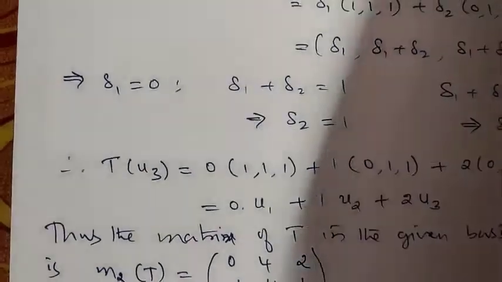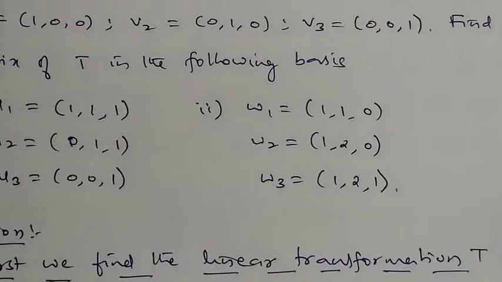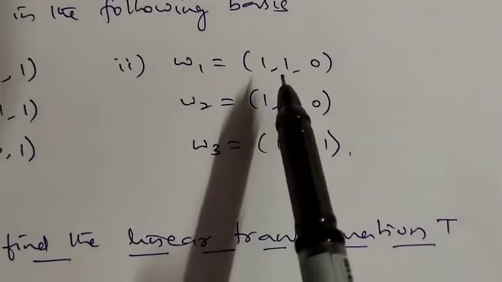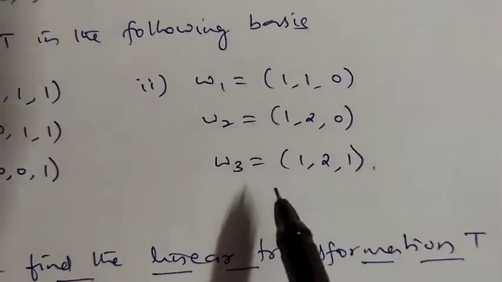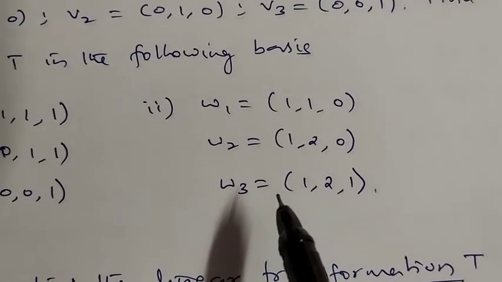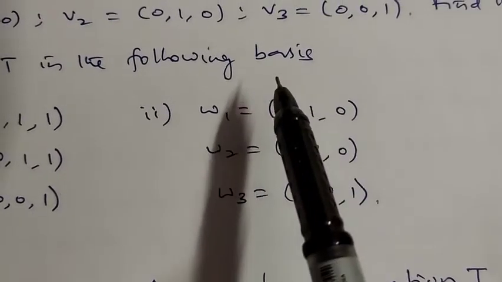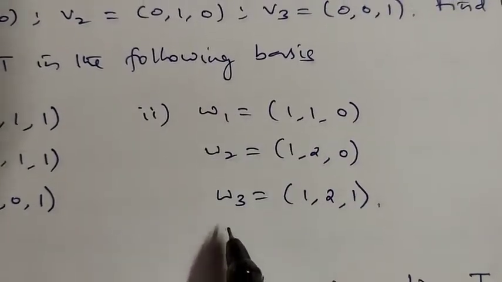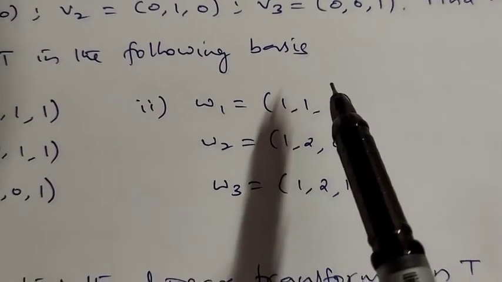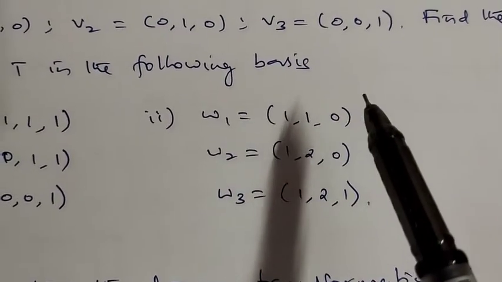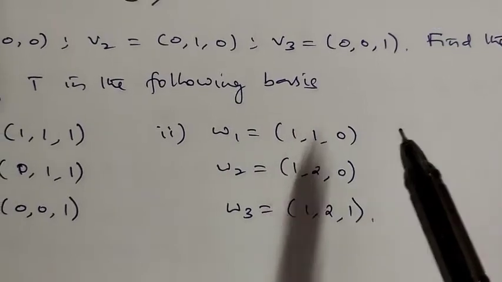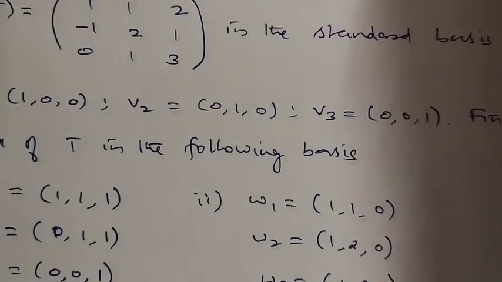Also, in the problem they were asked to find the matrix of T with respect to another set of basis elements W1, W2, W3. Here we find the matrix of T corresponding to W1, W2, W3 by a different method, that is, by using the theorem that we have discussed now.